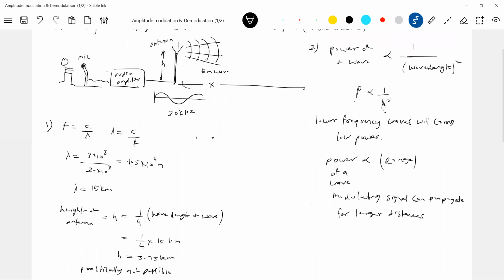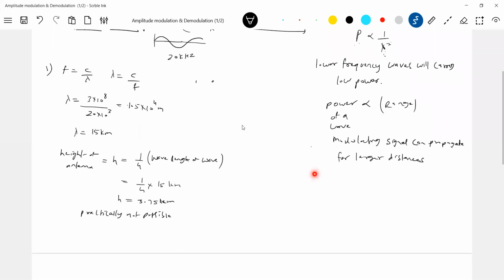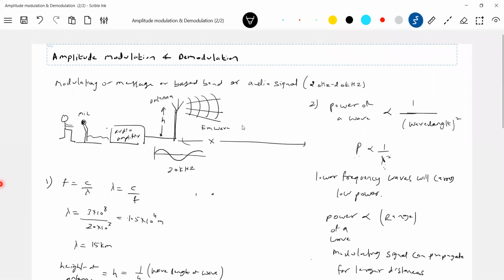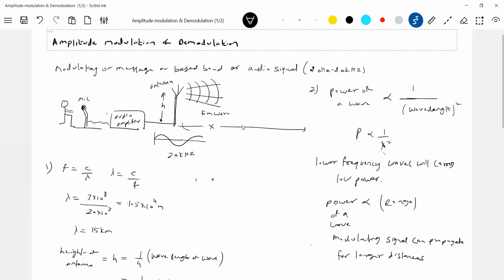Okay, third one: if every person radiates, like we have FM stations, 88, 92, like that, 10 stations are there. Now, if every person sings, every person transmits their programs, then at the receiving end, what happens? A person is going to hear station 1, station 2, station 3.